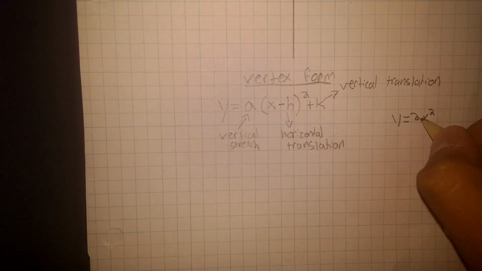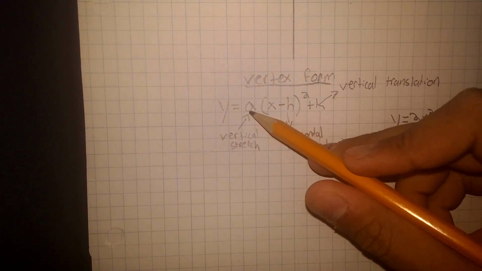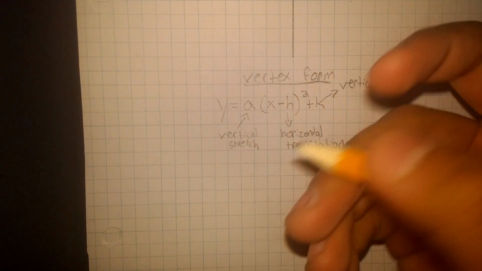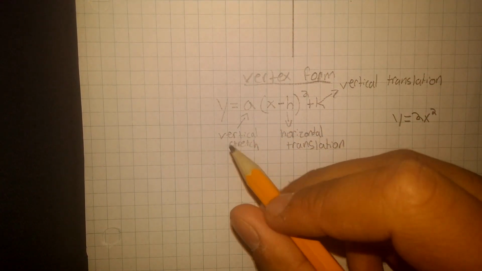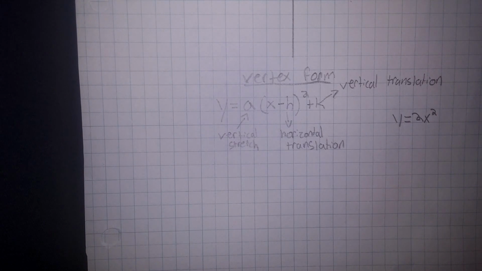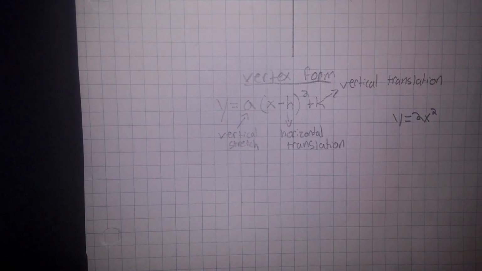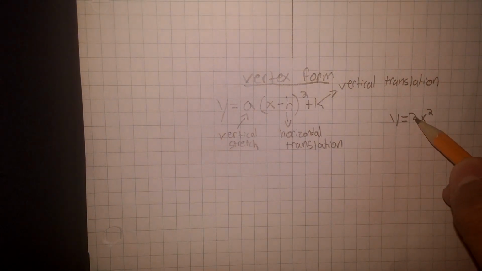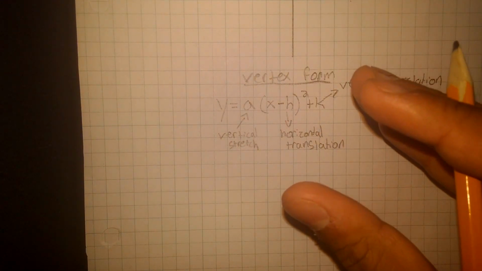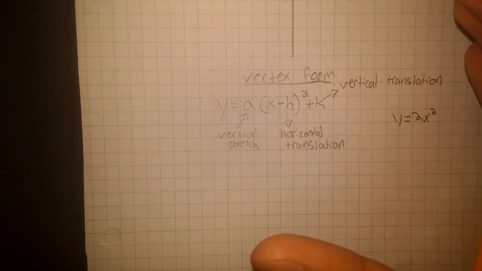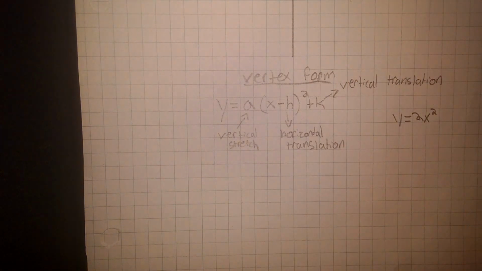Well, your 2 would be your a, and that would be your vertical stretch or compression, depending on what it is. It is a little tricky, but you'll get the hang of it. It'll basically change how skinny or narrow your graph gets, or how wide it gets.